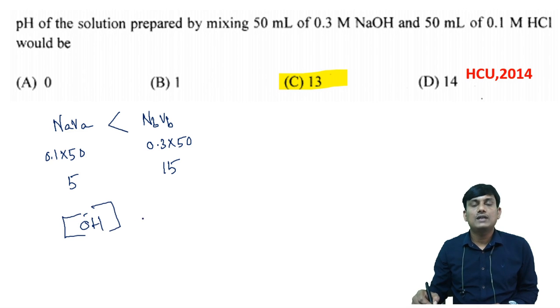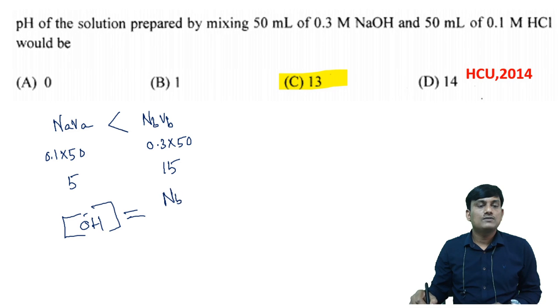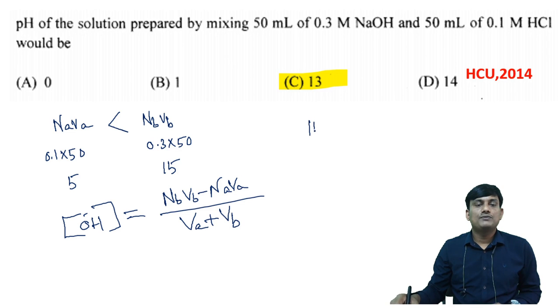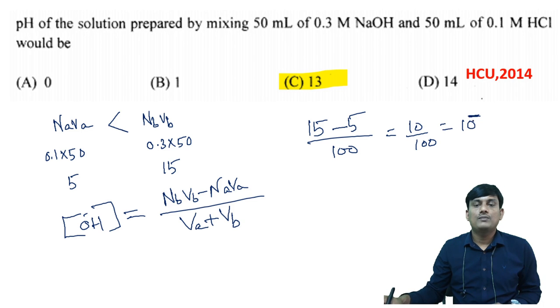So we have to calculate the concentration of OH minus. OH minus concentration is equal to (NbVb minus NaVa) by (Va plus Vb). That is 15 minus 5 by the total volume, 100. So 10 by 100, which is equal to 10 to the power of minus 1.